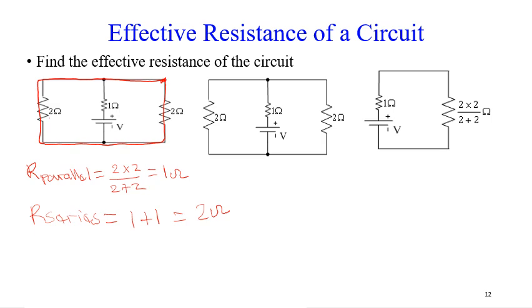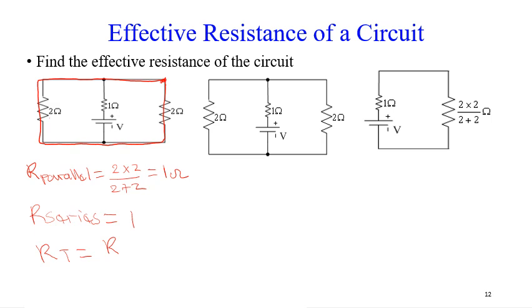So we now have our R total. RT is equal to, we found the R series. So we just add this one and this one, and this one is series.